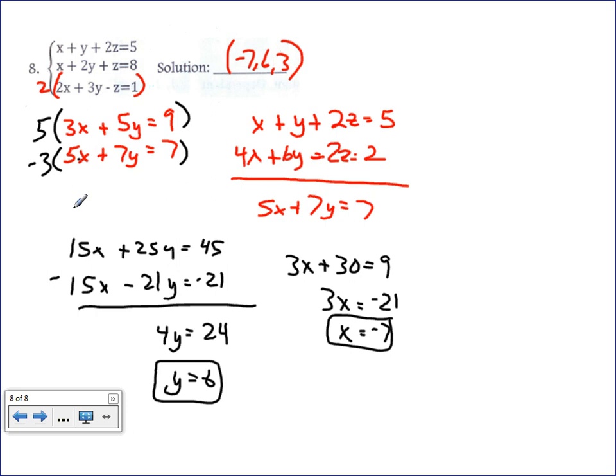So now I want to go back to the very original problem and go x, which is -7, plus y, which is 6, plus 2z equals 5. So that's -1, add it to the other side, 2z equals 6, z is 3. And finally, after all that, I get my -7, my 6, and 3.